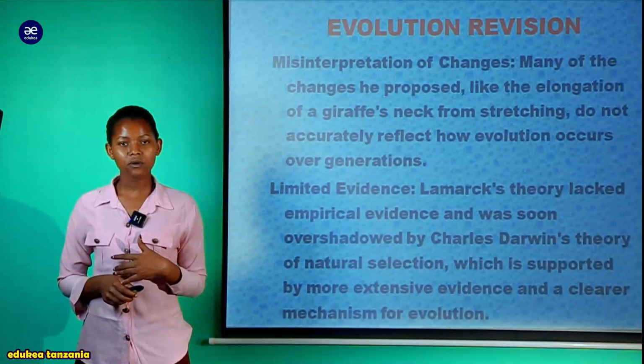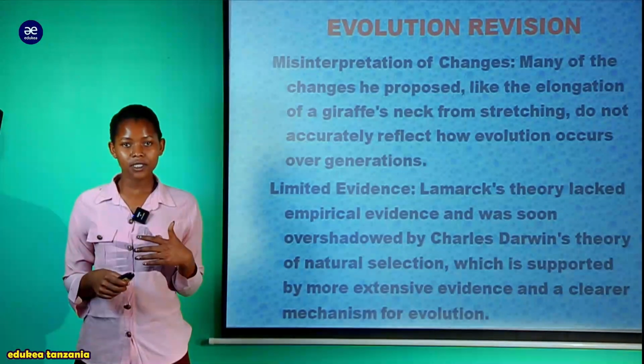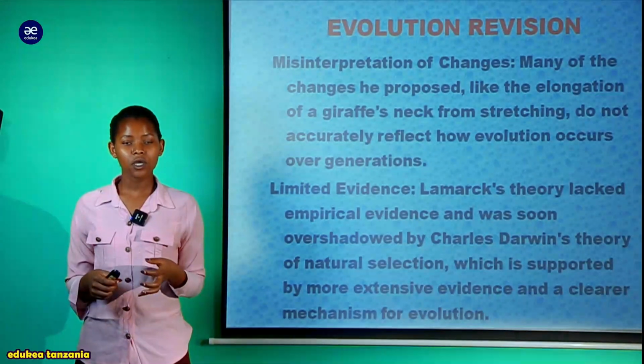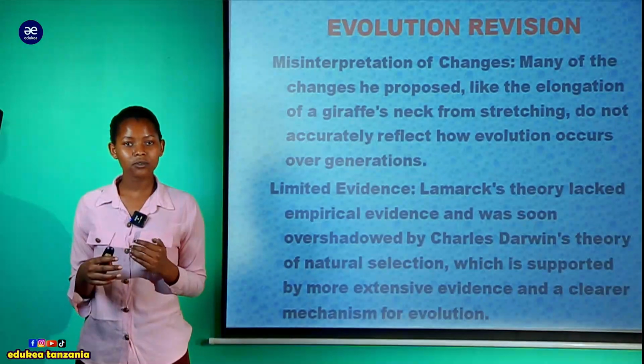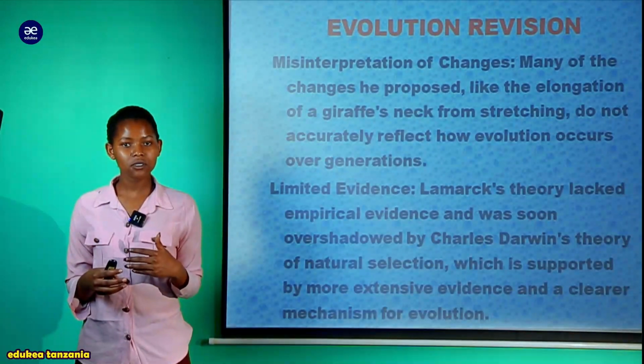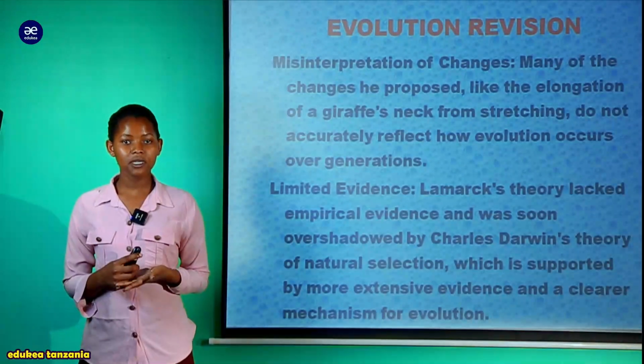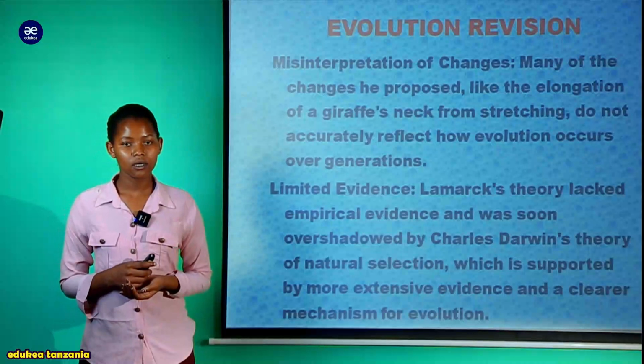Hakuwa na evidence za kutosha. For instance, ukitoa mfano wa short-necked giraffe, till now hatujawahi kuona giraffe ambao walikuwa ni short-necked, na hatujawahi kupata historical evidence kwamba walikuwepo. That is the limited evidence za Mr. Lamarck.